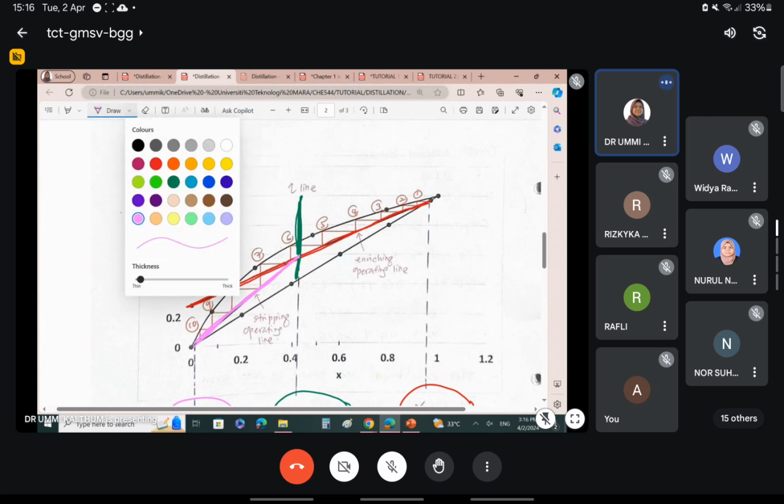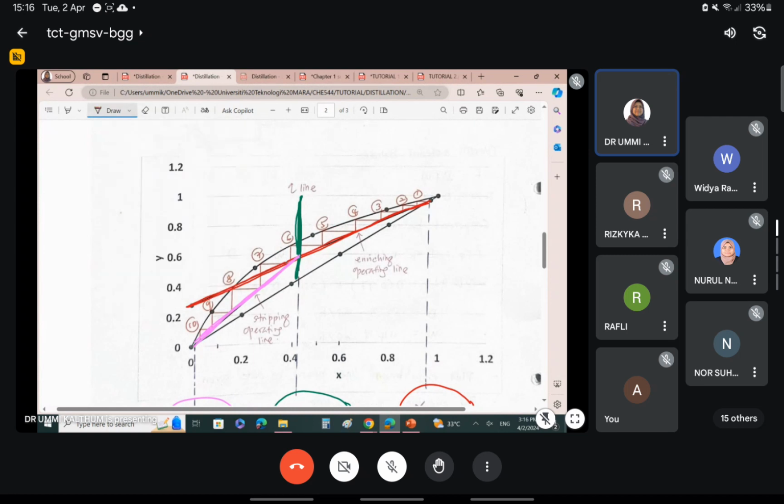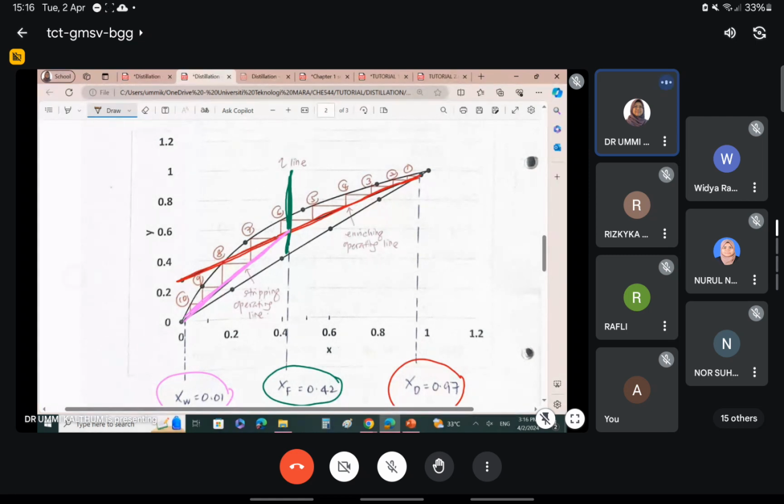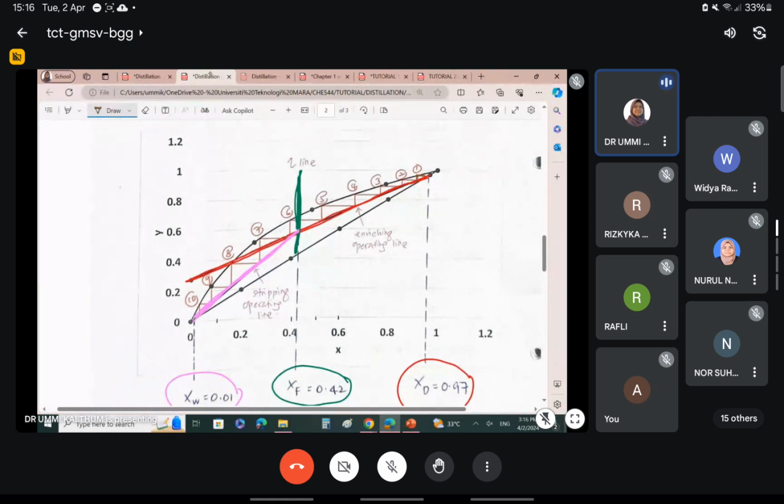So we can build the stages. From XD, draw a horizontal line to the equilibrium curve, then go down to the enriching line. Don't go down to the 45 degree line; go down to the enriching line. Repeat the steps: enriching again, then into the stripping line. You get 1, 2, 3, 4, 5, 6, 7, 8, 9, 10.